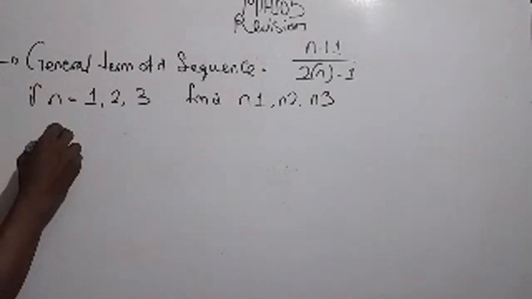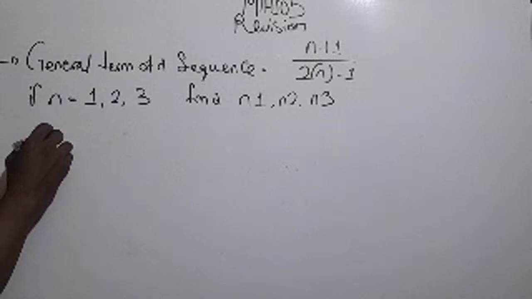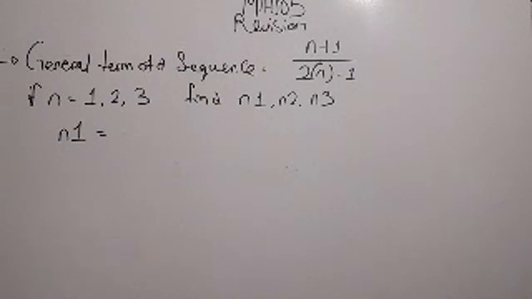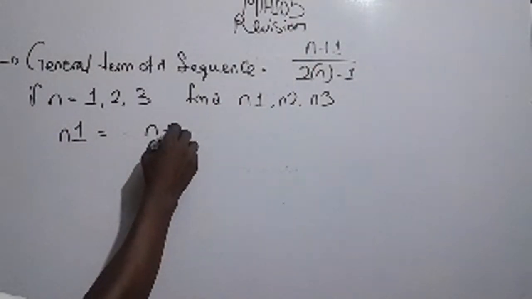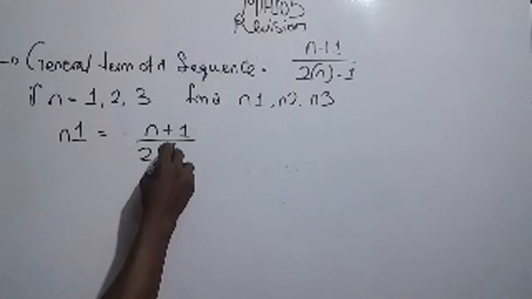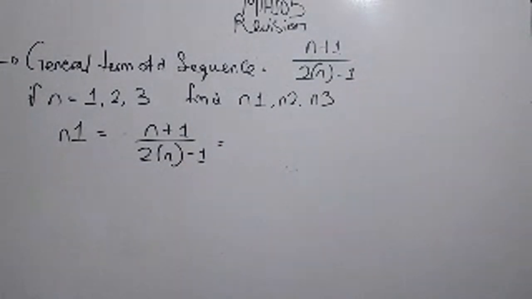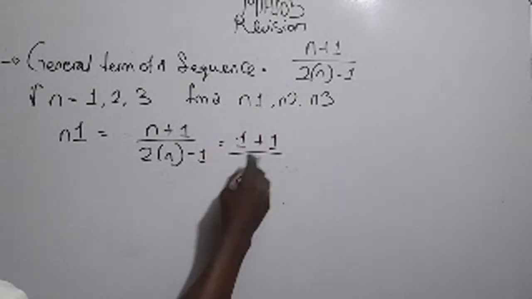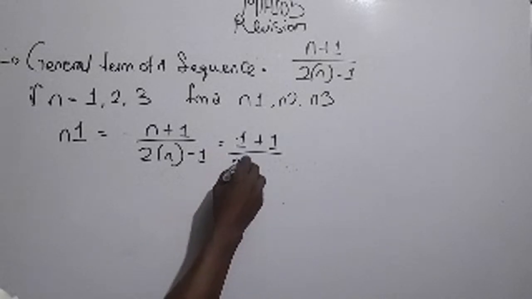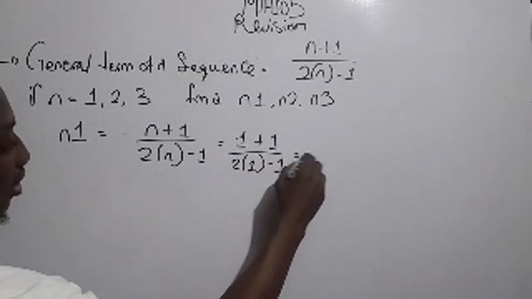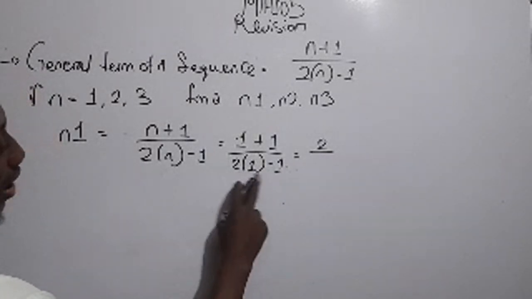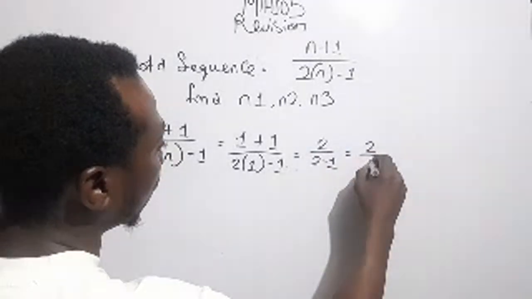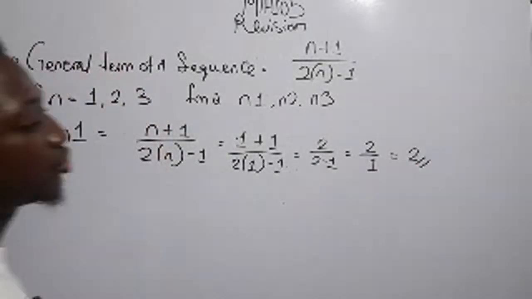For n1, since our formula is (n plus 1) over 2 times (n minus 1), we have 1 in place of n, all over 2 times (1 minus 1). This gives us 2 over 1, which is still equal to 2.